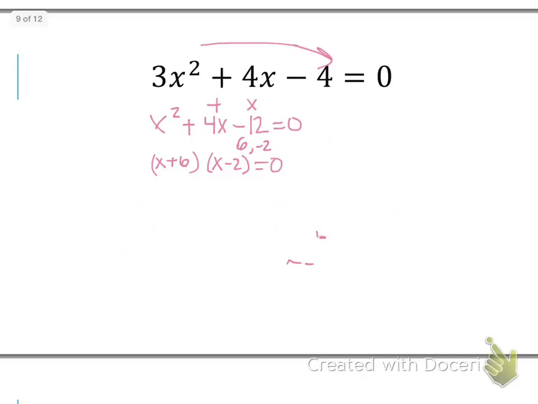We would rewrite it x plus 6, x minus 2. We need to undo that 3 we sent back, so divide by 3. So we got x plus 2, and this x minus 2 over 3. If we set them both equal to 0, we should get 2/3, 0, and we get negative 2, 0.